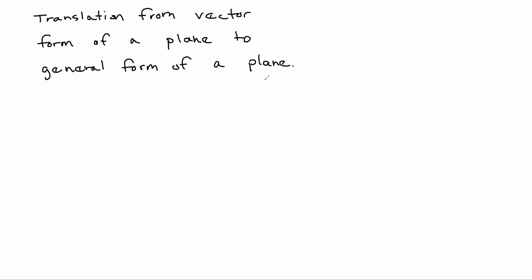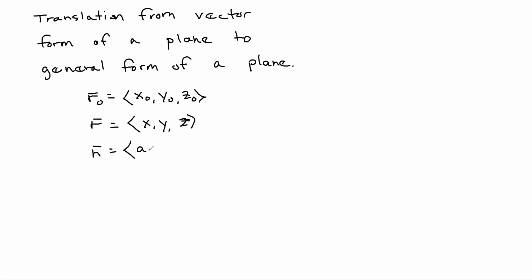It's very similar to what we did when we did the translation for lines. We want to define R naught. We'll say that it's going to be X naught, Y naught, Z naught. Let's define R. That's going to be X, Y, Z. And let's define N, and we'll call it A, B, C.